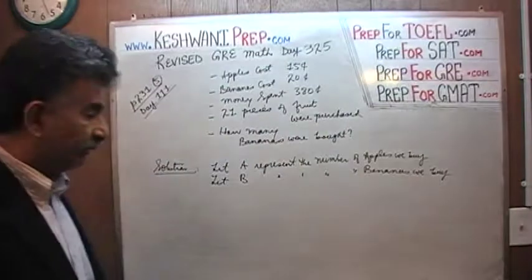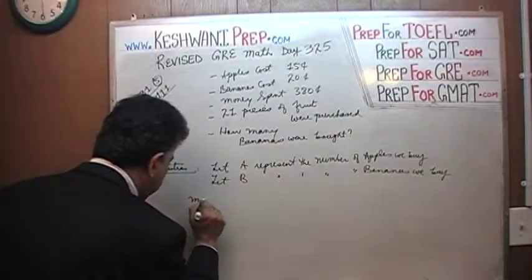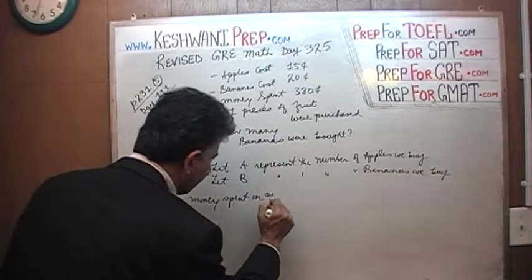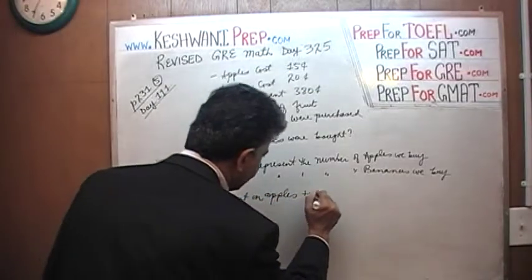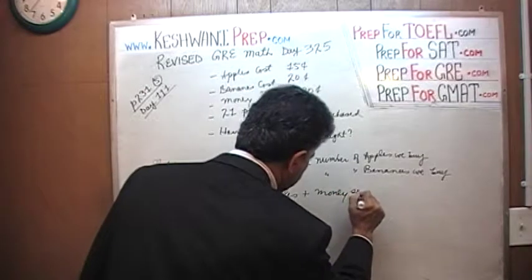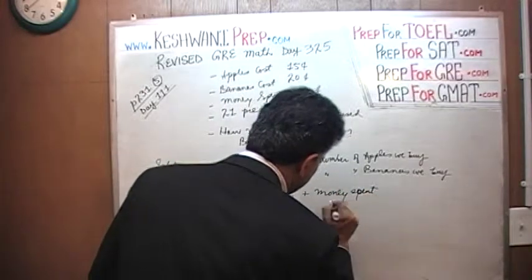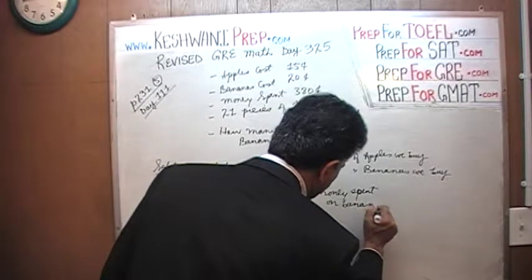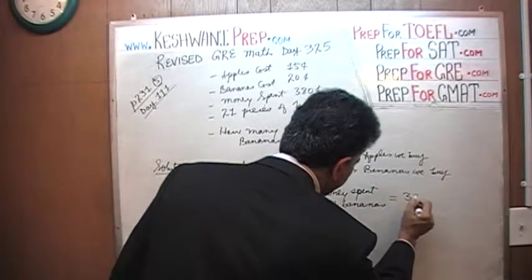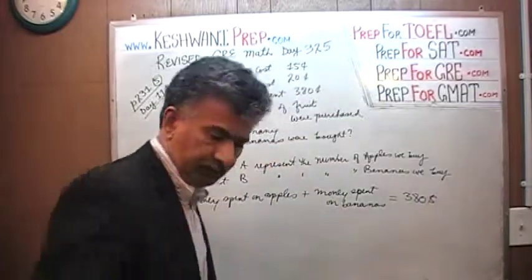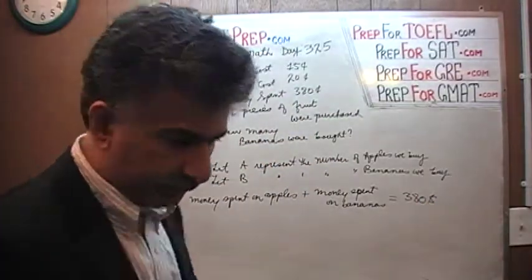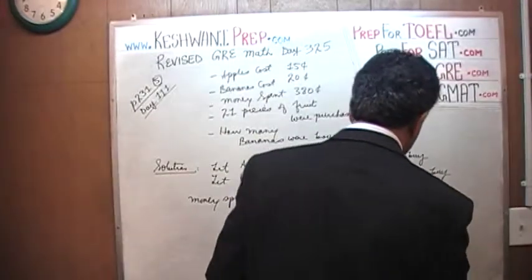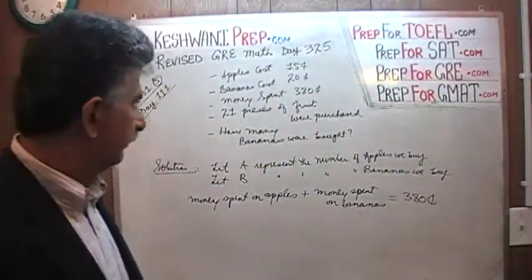So the money spent on apples plus money spent on bananas has to equal the total amount. Not $380, but 380 cents. It's important, obviously.